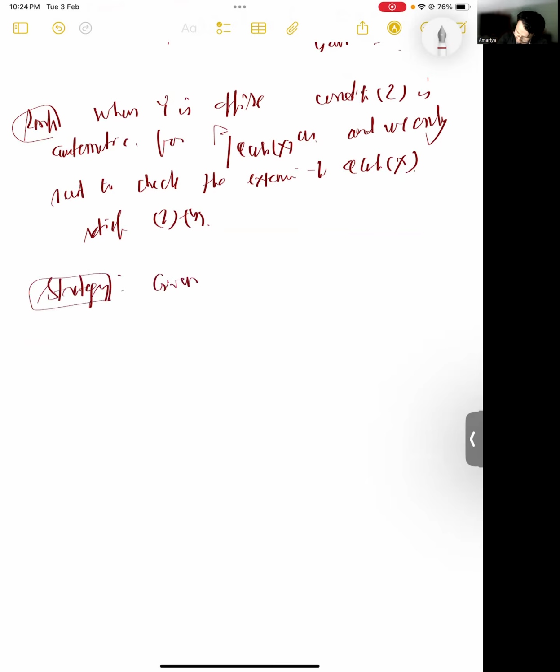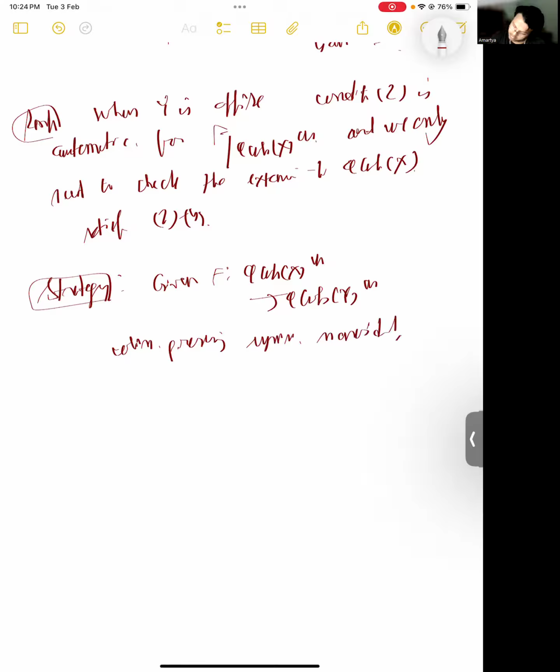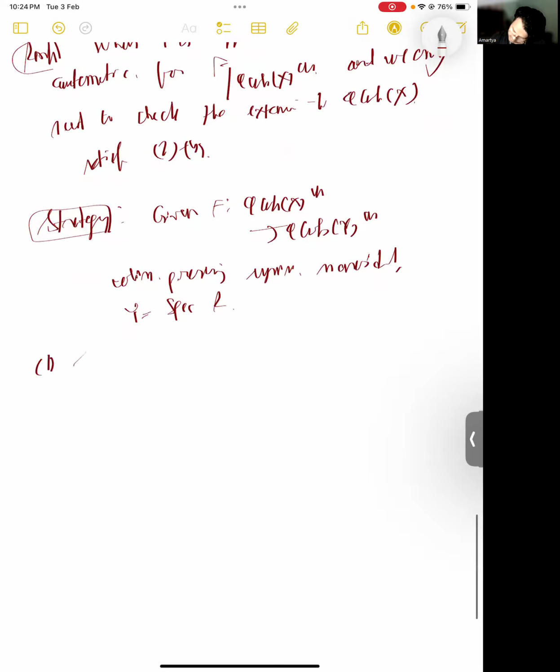Given F from QCoh X connective to QCoh Y connective, colimit preserving symmetric monoidal, Y is Spec R. First you extend F to F tilde from QCoh X to QCoh Y via left Kan extension.